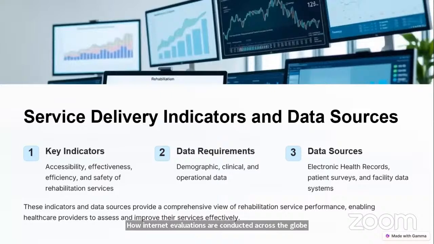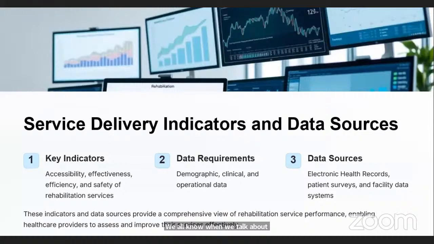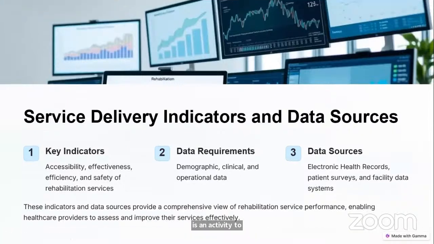Now, by way of introduction, we all know that monitoring is an activity to watch and closely observe what an organization is doing. In fact, we can remember during our secondary school days, we used to have monitors in classes.